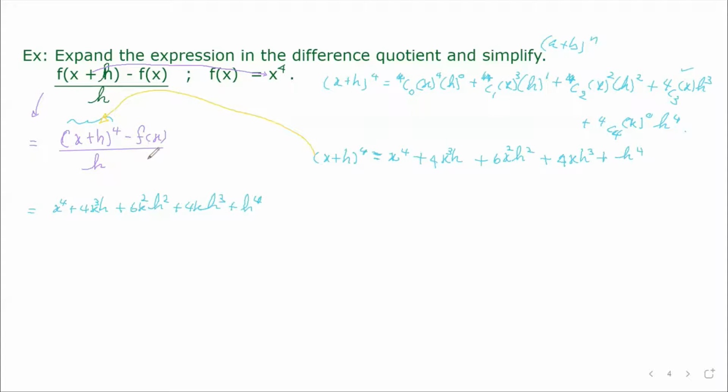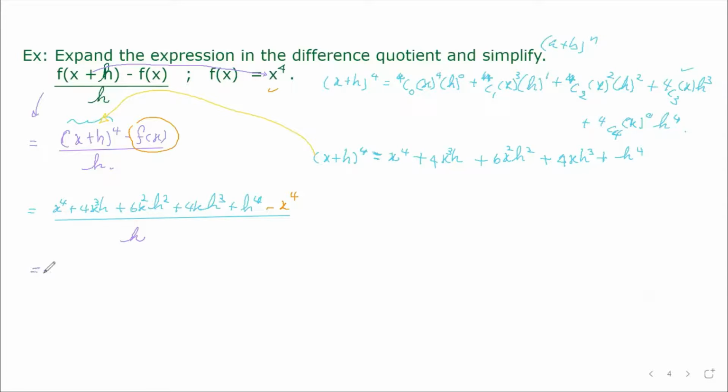Then don't forget this one, this purple here. So this one minus f of x equal to here, x power 4, then dy, and this one divided by h, so over h. After this, we check first. This is the x power 4, 3, 2, 1. Yeah.